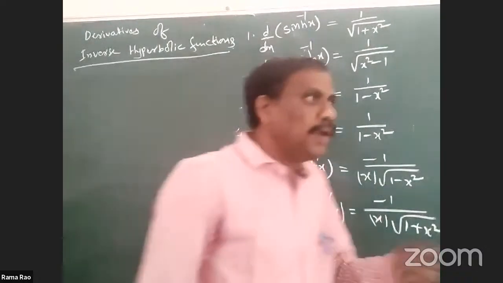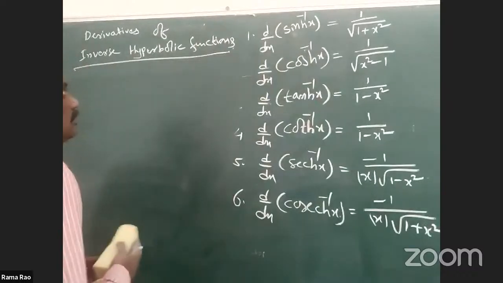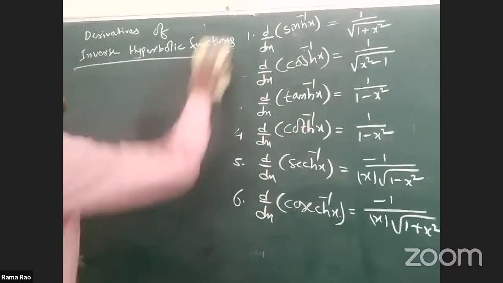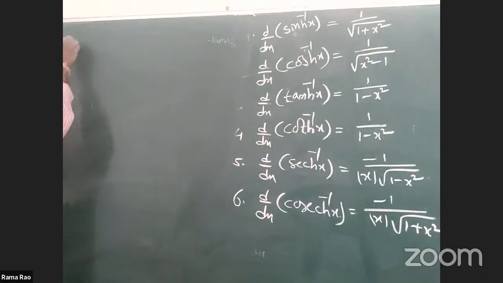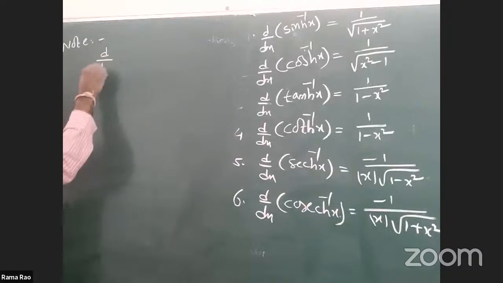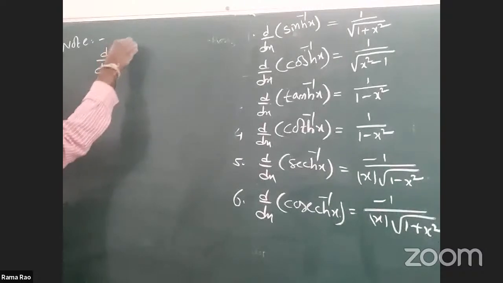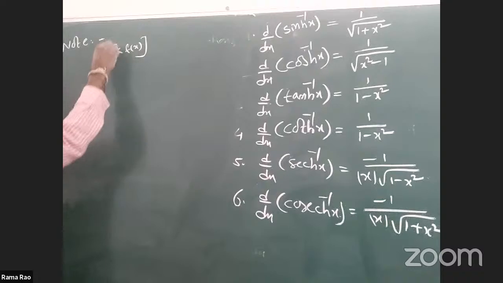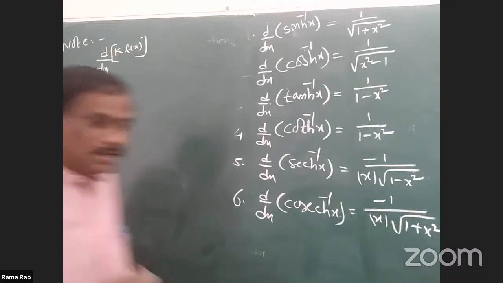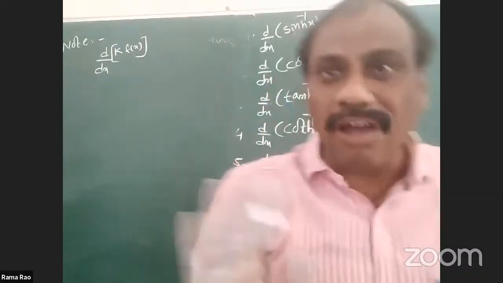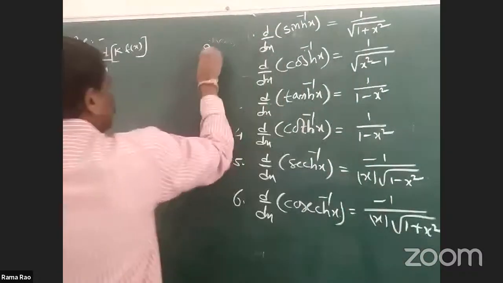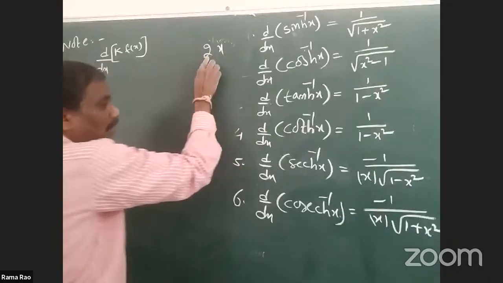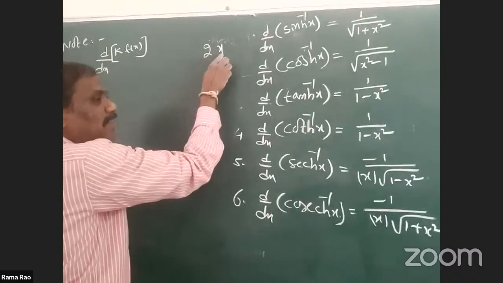Some more formulas are there. For example, d by dx of k into f of x. Here k is called coefficient of f of x, not a constant. Like 2x, here 2 is called coefficient of x.